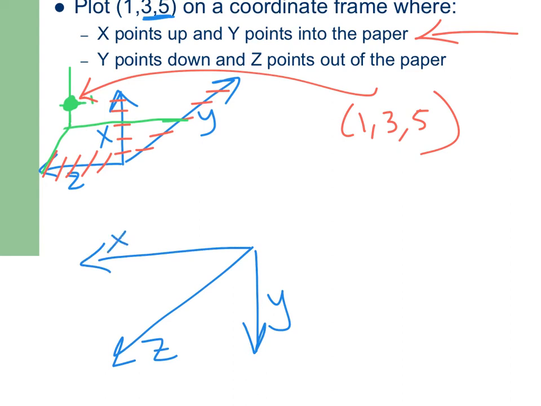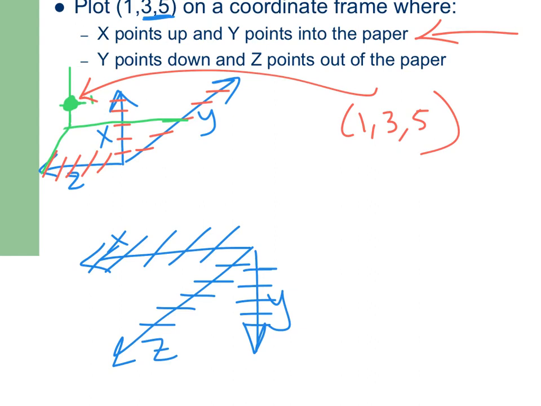So you draw your tick marks, and the up-down axis always has horizontal tick marks, as does the in-out axis. And the horizontal one is getting our diagonal tick marks, and our ground plane is formed here by x and z, and we are plotting 1, 3, 5, right?